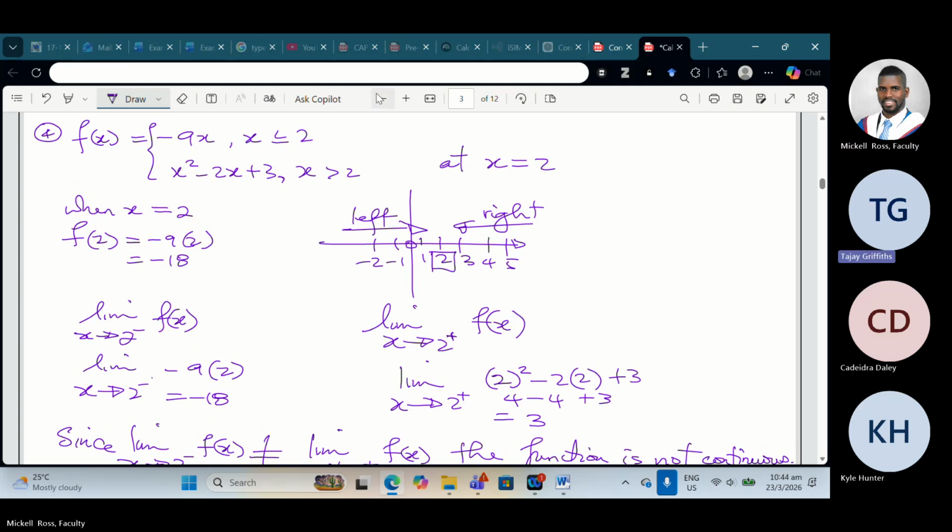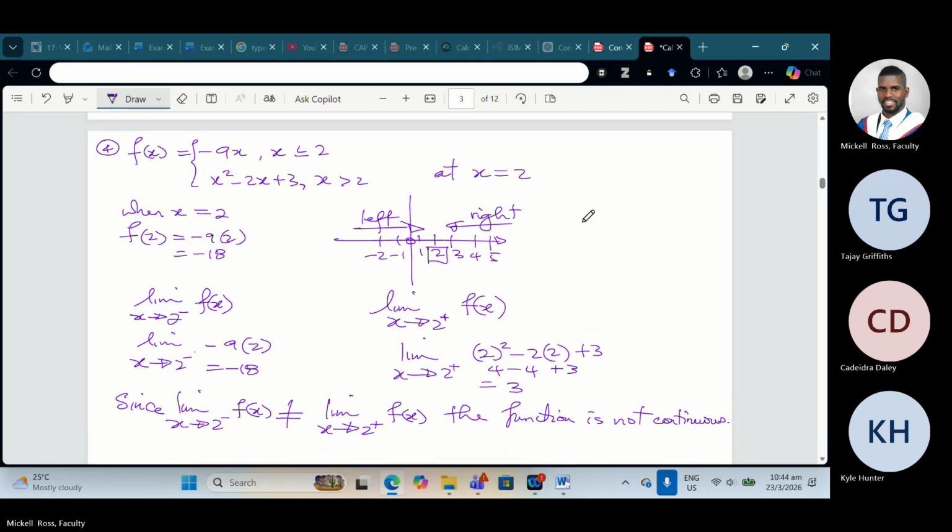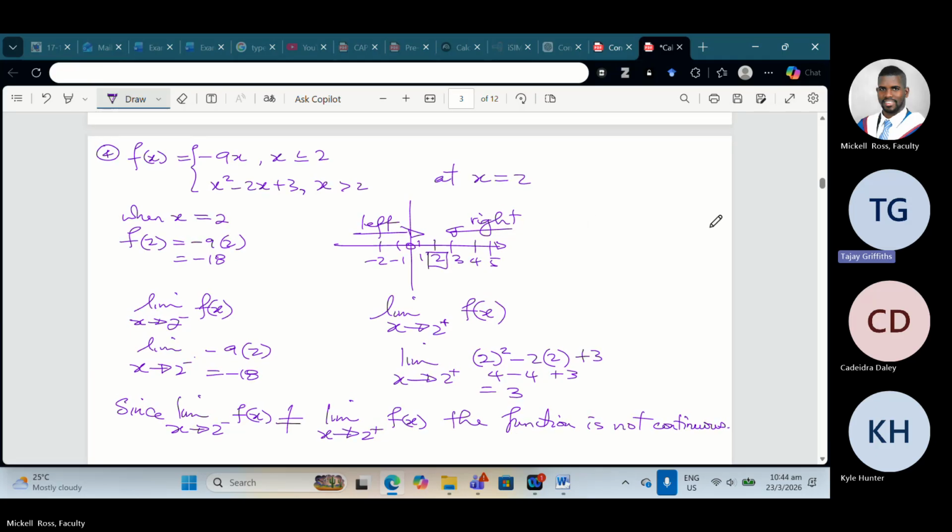And then when you do the limit with the negative and positive, I use the number that is less than or greater than. Because remember, once you say the negative, it's telling us that it is approaching 2 from the left-hand side. And when you say positive, it's telling you that you're approaching 2 from the right-hand side.